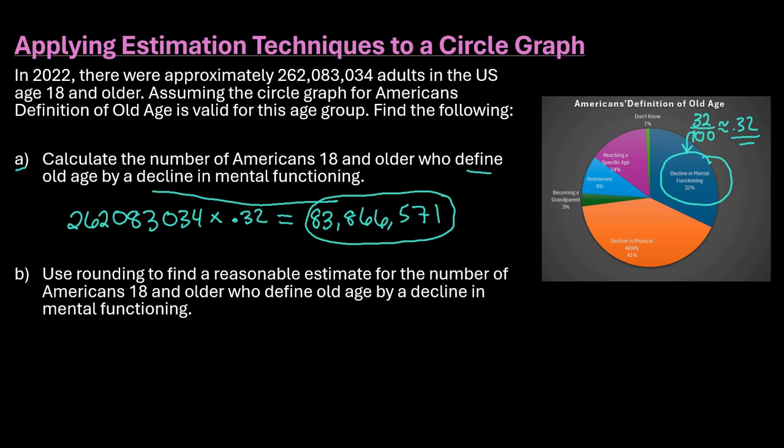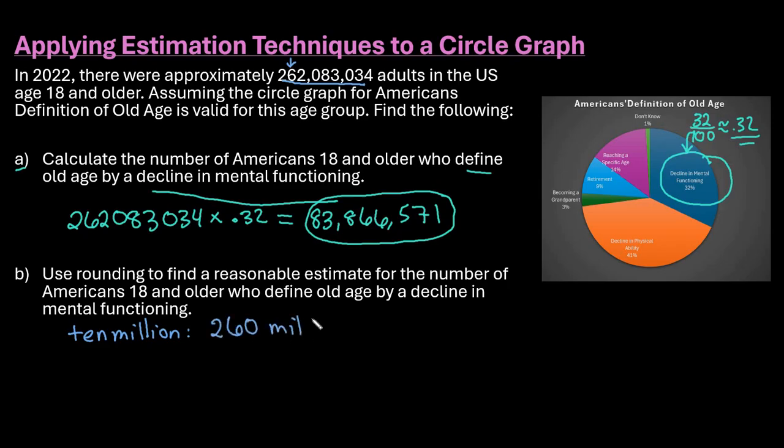So this is where you can come up with different answers depending upon what you round to. What I'm going to do is round to the nearest 10 million. So I'm going to round to this place right here. If I look at the 6, I would keep it as 260 million.